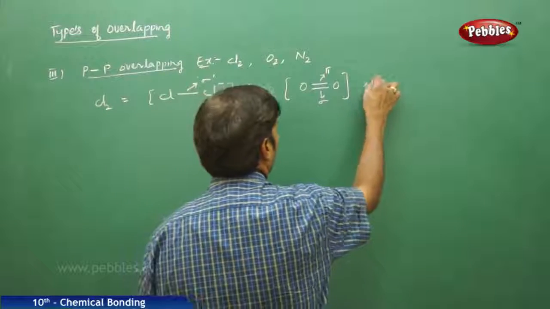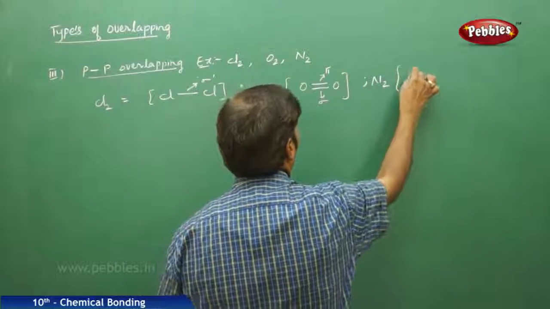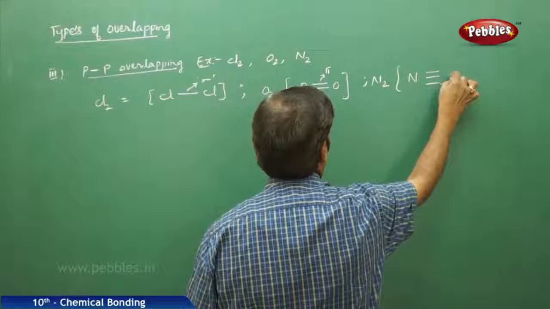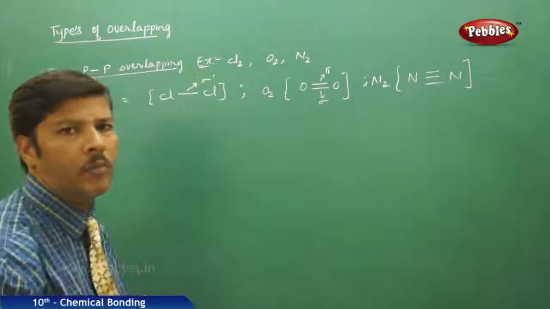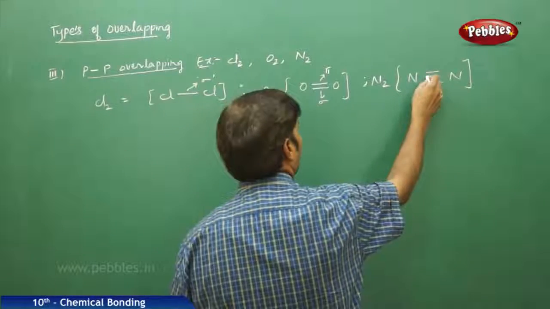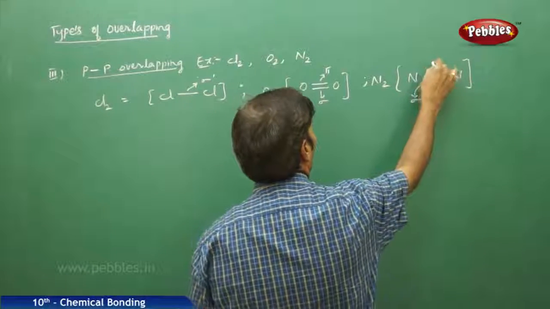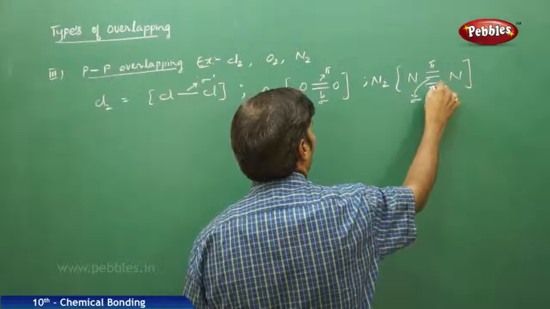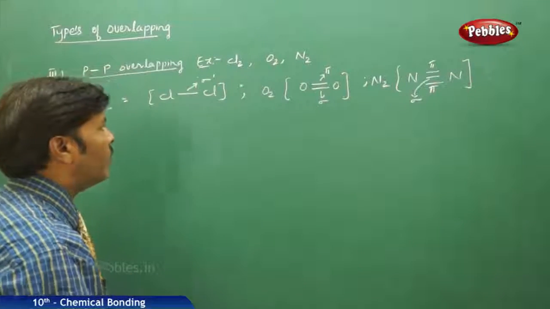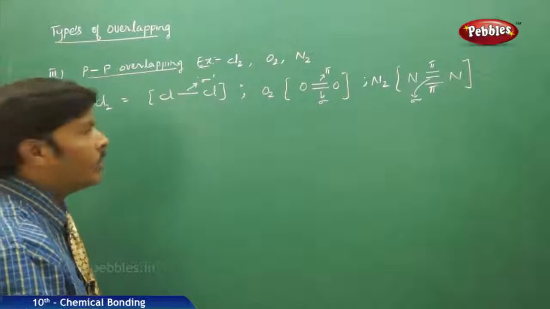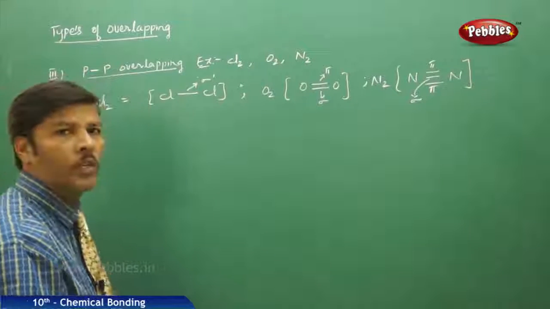If you go for the nitrogen molecule, as we already know, it is always a triple bonded molecule. Between two atoms of nitrogen there is a triple bond. The middle one is always the sigma bond, and the above and below bonds which are formed are called pi bonds.